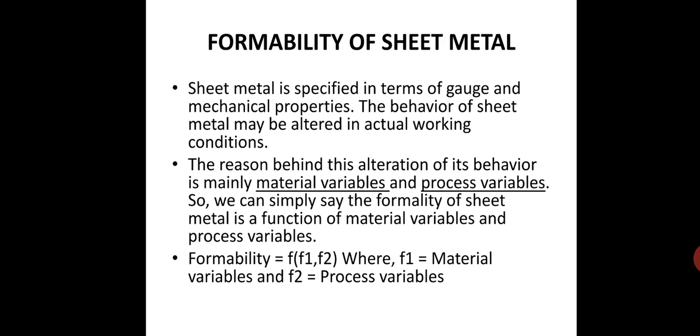The two main things that are important: the first one is the material variable and the second one is the process variables. That's why formability is a function of the material variables and the process variables, F = f(F1, F2).